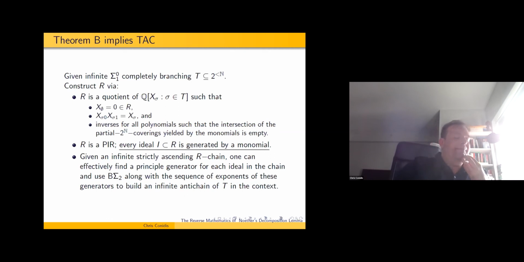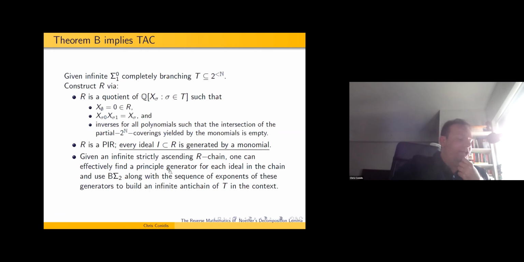And because of that, you can basically take an element of your ideal. That element is going to be a unit times a monomial, because everything in the ring is just the unit times a monomial. And then you can look at the exponents of your monomial, and start asking whether you can decrease any of those exponents and still stay in the ideal.